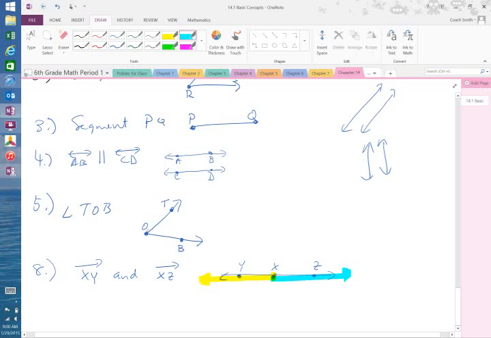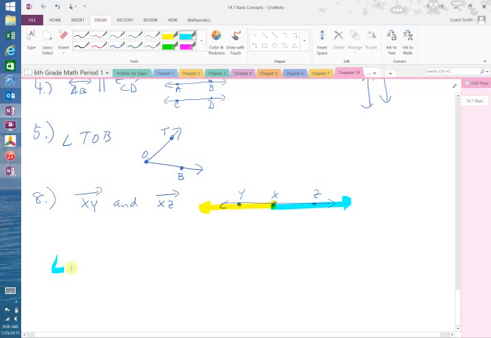You could also, realistically, draw an angle, but that's what they're really wanting for that specific problem. What if they gave you this? They just say angle X. Well, then you do this. That would be angle X.